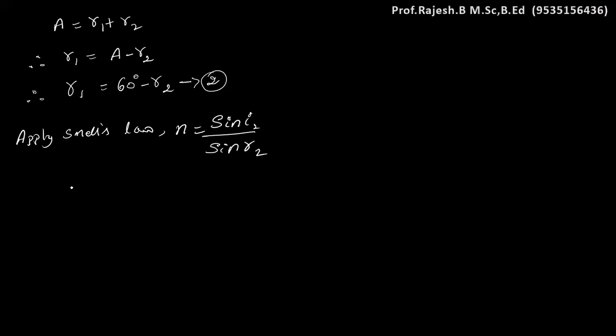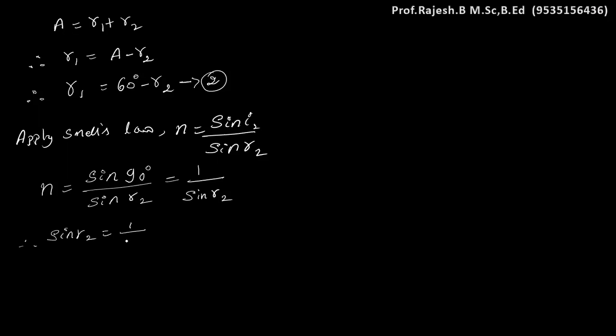So we know the value of i2. i2 is 90 degrees, so sine 90 divided by sine r2. Sine 90 is 1, so it is 1 divided by sine r2. Therefore, sine r2 is 1 over n, that is 1 divided by the n value, given as 1.6. So by doing 1 by 1.6, you get 0.625.